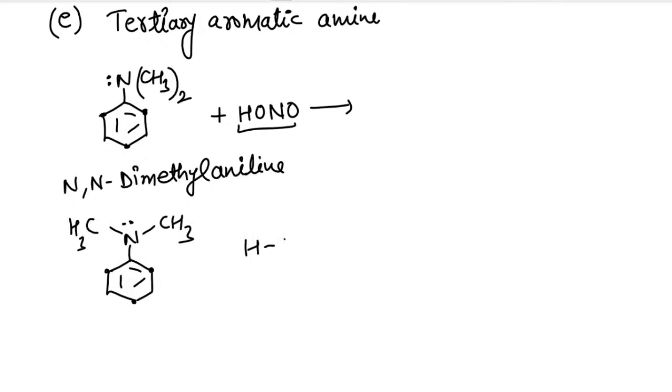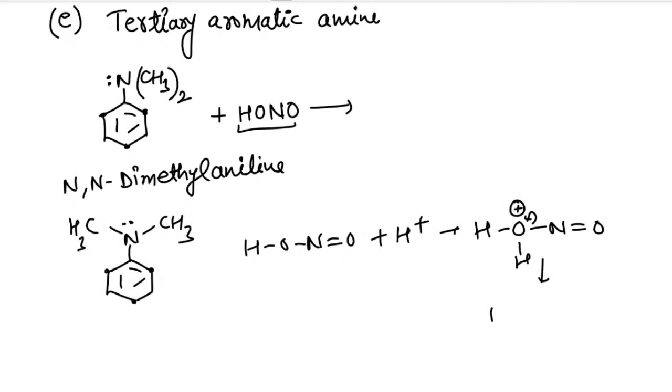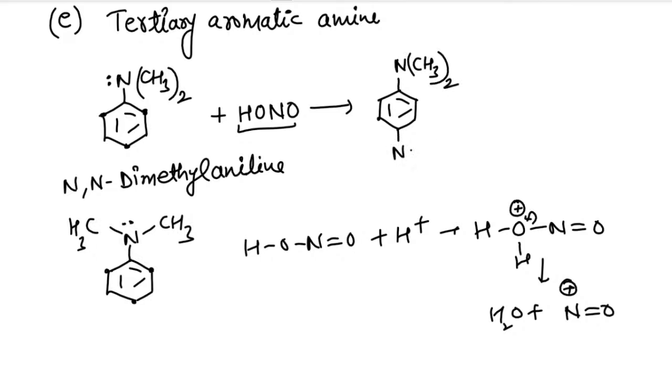So in the presence of acid, it will give H like this. So water is removed, and along with this we get the nitrosonium ion, and with this nitrosonium ion, an electrophilic substitution reaction takes place. So that will attack at the para position along with the formation of water.